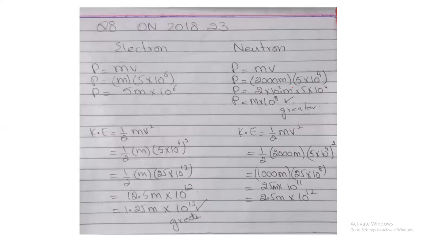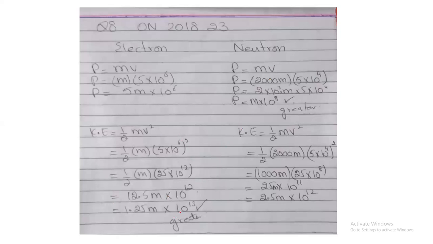That will be equal to 1 by 2 into 2000 m into 5 expo 4 whole square. So that will be 1000 m into 25 expo 8, and that will be 25 m expo 11, and that will be 2.5 m expo 12. Here the power is greater, so that means the kinetic energy of the electron is greater.